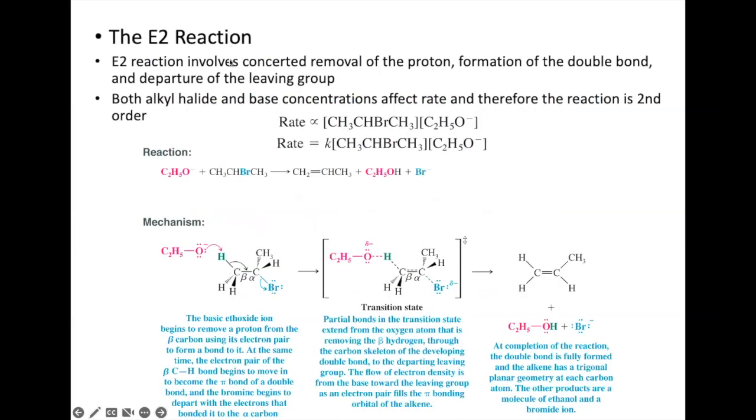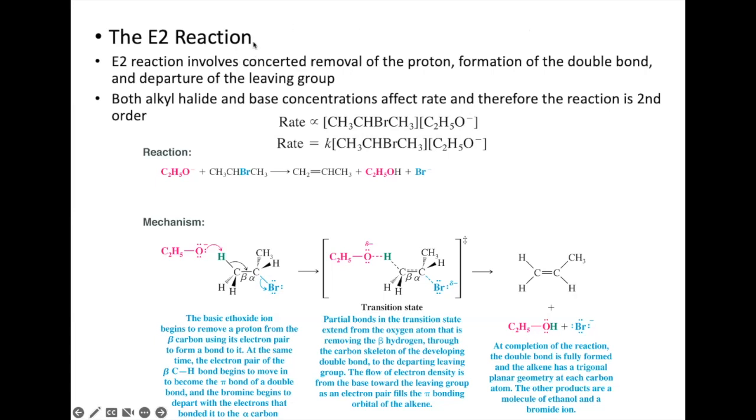Now, as I mentioned, you can have E1 or E2, elimination unimolecular and elimination bimolecular. So let's start with E2. This is similar in terms of mechanism to SN2.